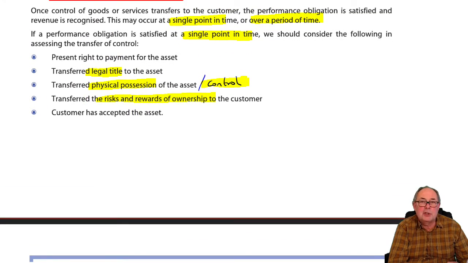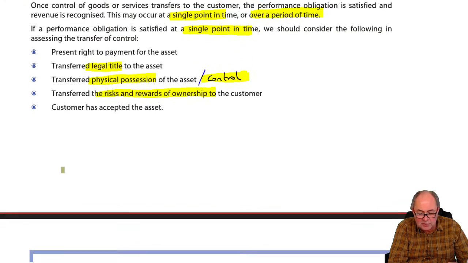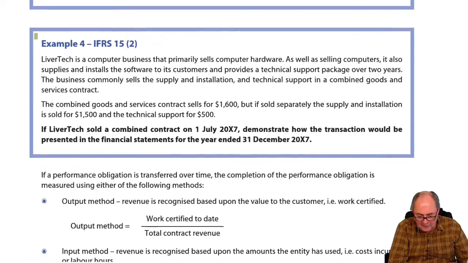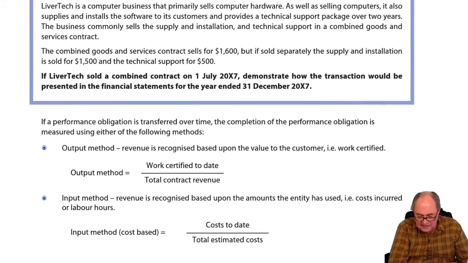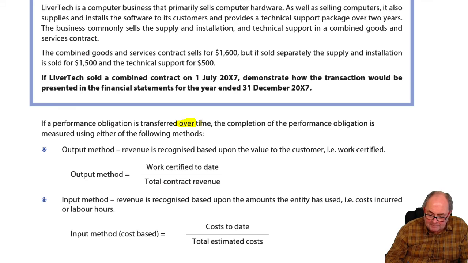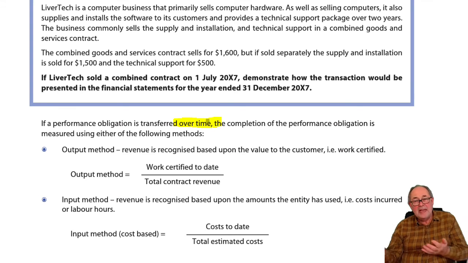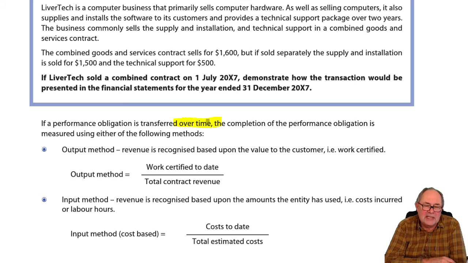Now let me just jump a little bit in terms of the notes. If on the other hand, it is over a period of time, then you have to think when assessing revenue, how complete the contract actually is.